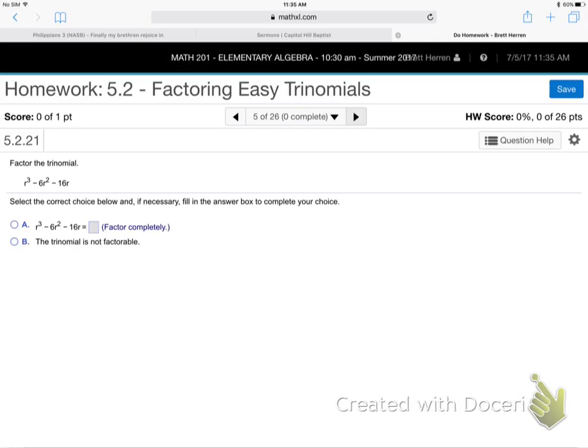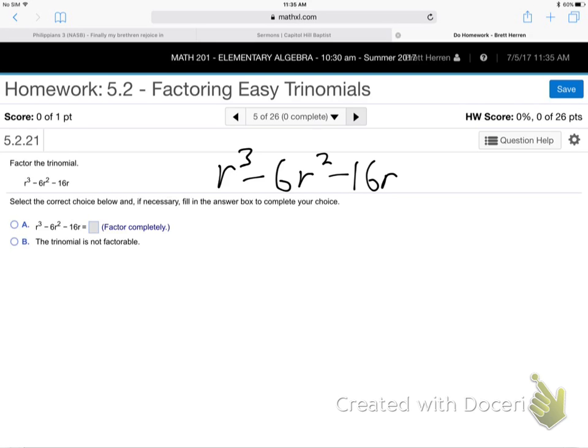All right. So let's try r cubed minus 6r squared minus 16r. Oh, so this one's a combo of last section and this section.